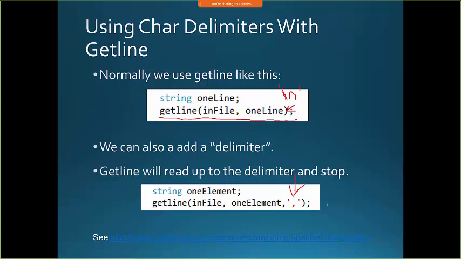And then at the very end, you'll probably use one of these to get the last element. Why do we need to use just a regular getline for the last element? So if you imagine a line of data in a text file, there's no comma delimiter.